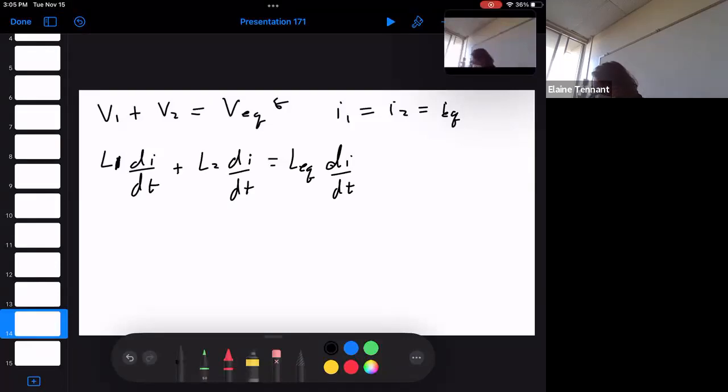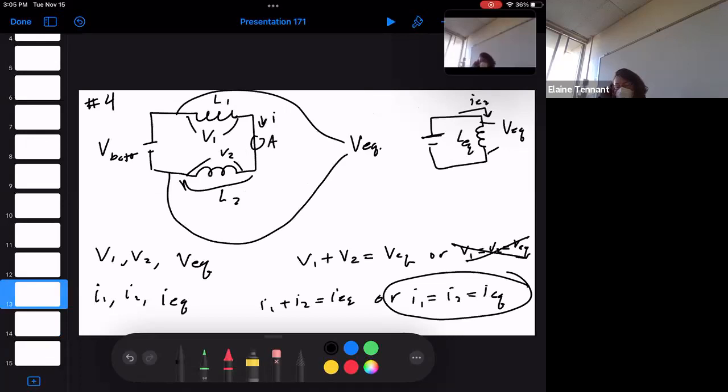Now I'm going to ask you two things about these. I don't have currents, I have derivatives of currents, and let's talk about if that matters or not. Because I could be in one of two states. I could be in a steady state, like I could have turned this on a long time ago, and it could be running at some steady state, fully charged up.